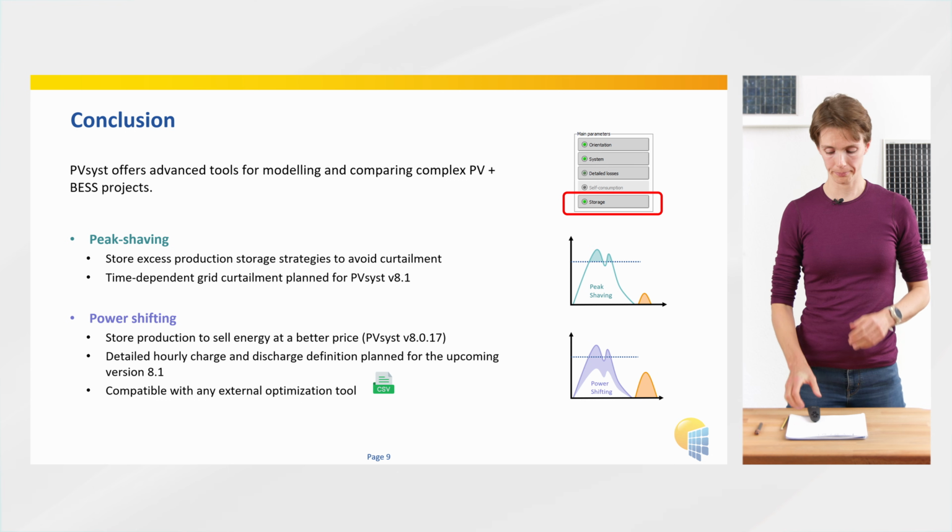As a conclusion, today I've shown you PVsyst tools for modeling and comparing PV system plus BESS projects. As a reminder, I focused on two of our tools: the peak shaving option that allows you to store excess production above a given curtailment limit, and the power shifting tool that allows you to shift a larger proportion of your energy to inject it into the grid at peak demand time.